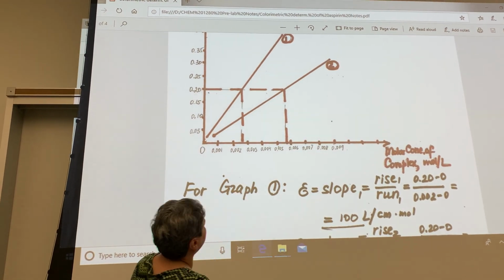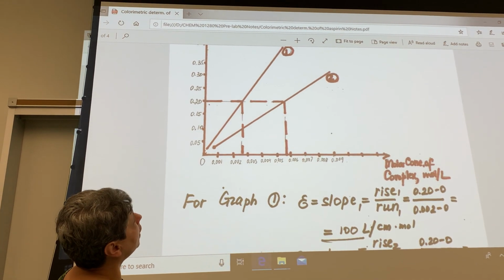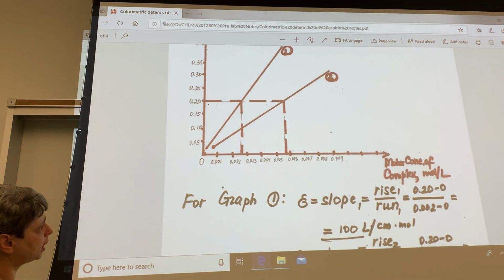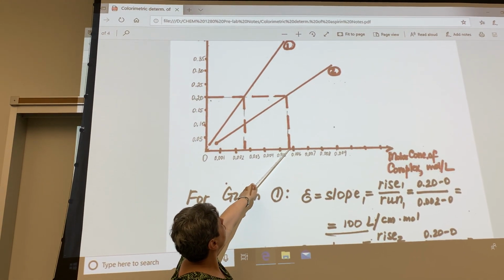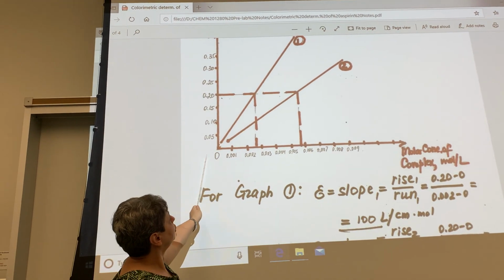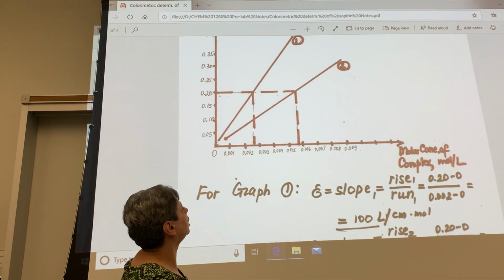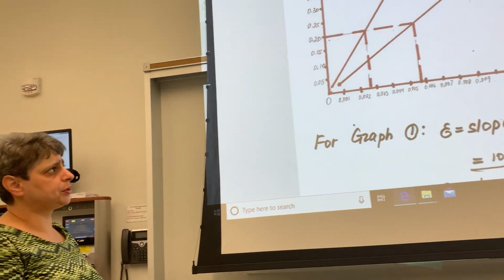But for graph 1, my rise would be over 0.35, so it would be closer to 0.4 possibly. So obviously, there is a much greater response in the y parameter, which is our absorbance, to a certain change in concentration, meaning graph 1 has greater slope or greater molar absorptivity.